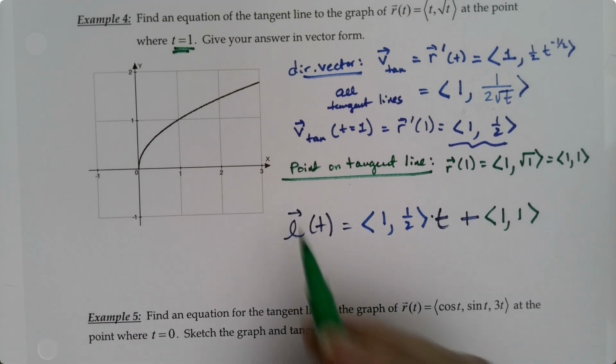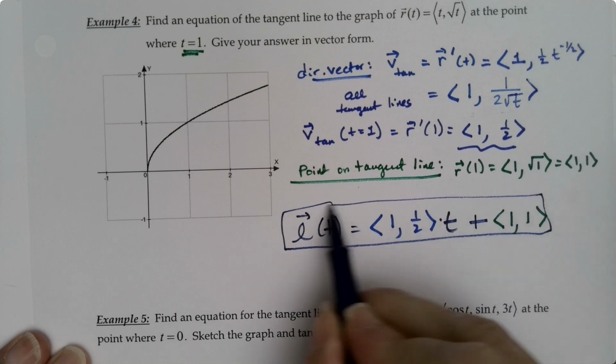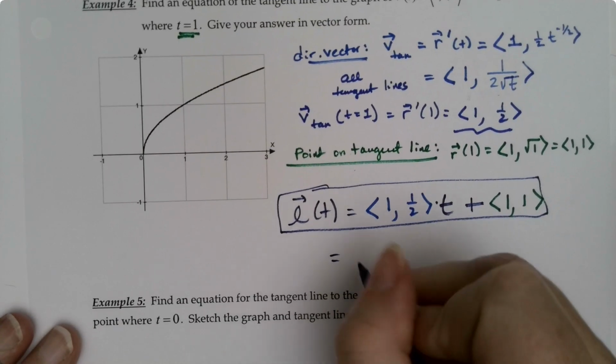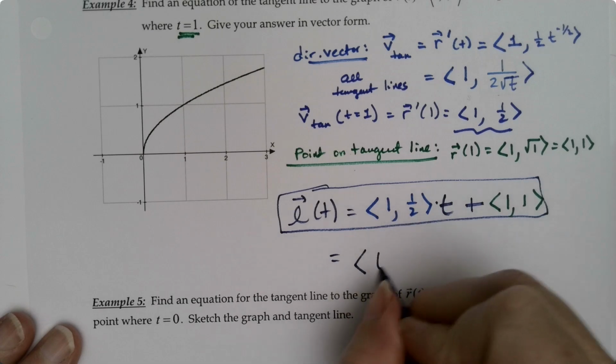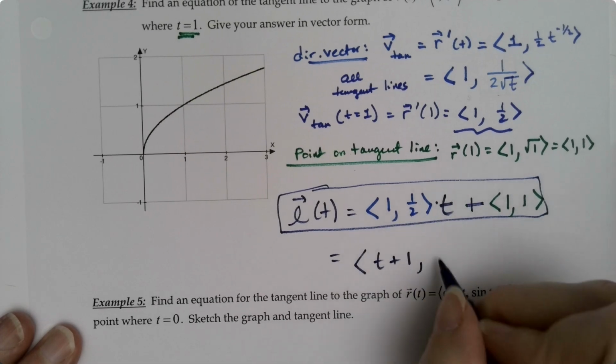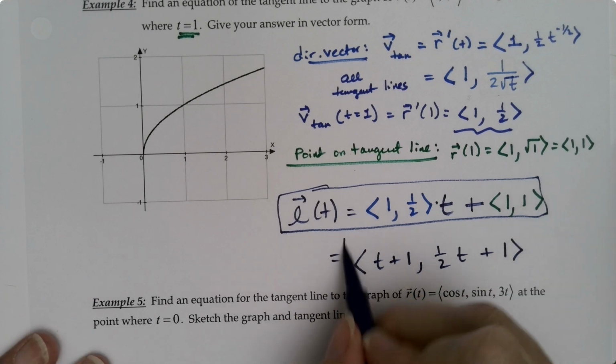And there we have it. That is the equation of the line in vector form. It's a little strange to write it that way, so usually we write it in pieces: 1t plus 1, so t plus 1, 1/2 t plus 1. That's the more common way to write it.